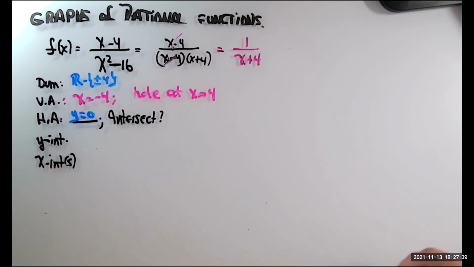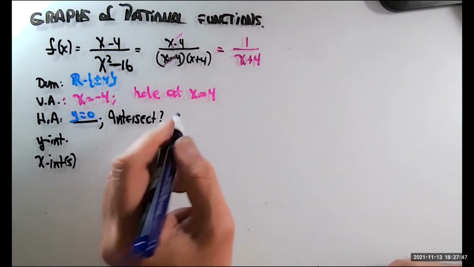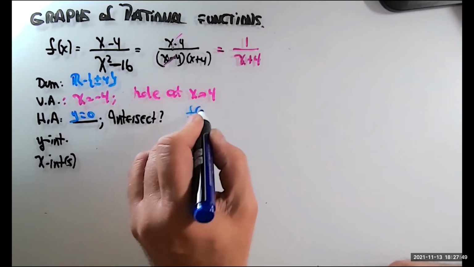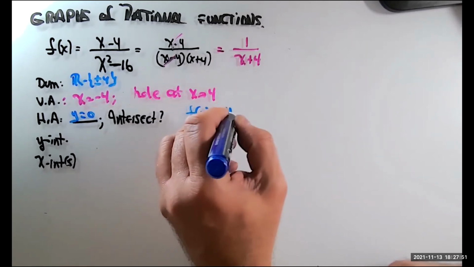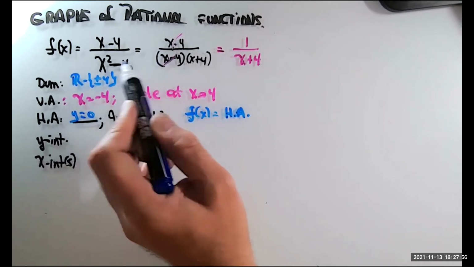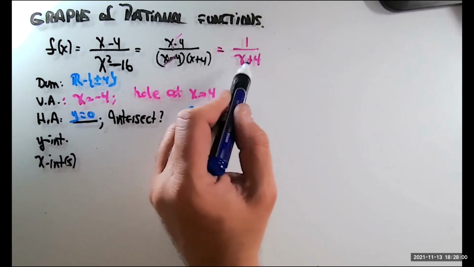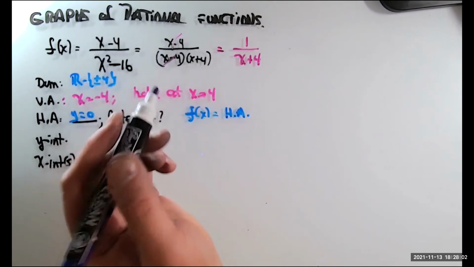How do we know that? We need to take the function f of x equals the HA. Now here we have two choices. You can take the original or the simplified one. I highly recommend you take the simplified version.